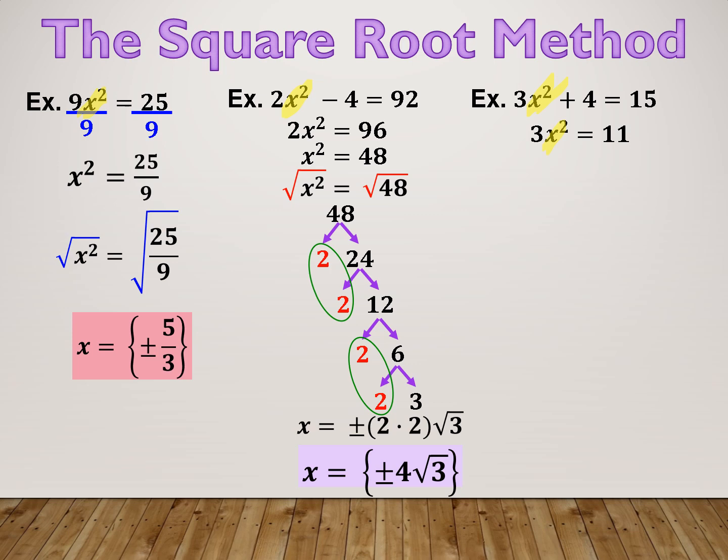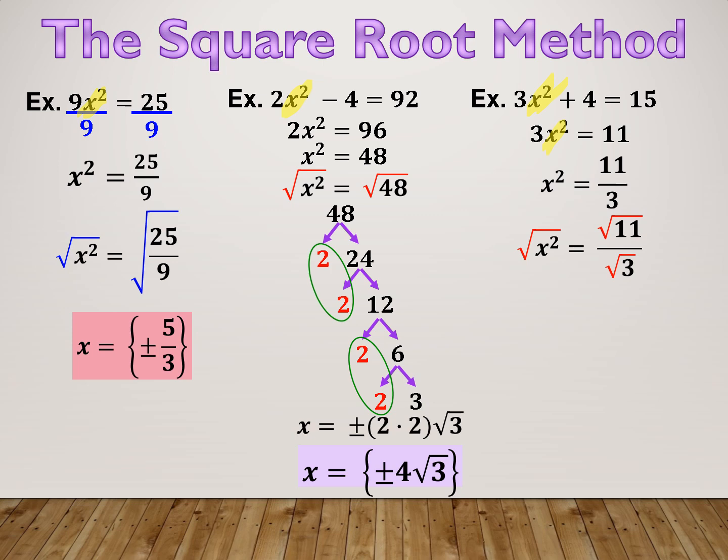I have to get x squared by itself, so I've got to divide by 3. That gets me x squared equals 11 over 3. Now, to undo the square, I have to take the square root. So I square root both sides.